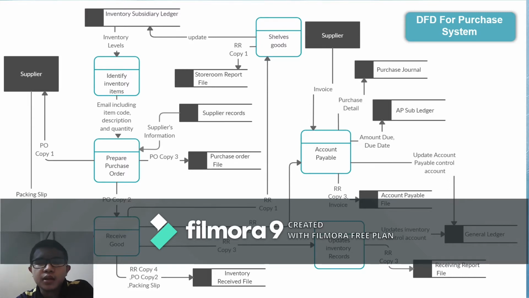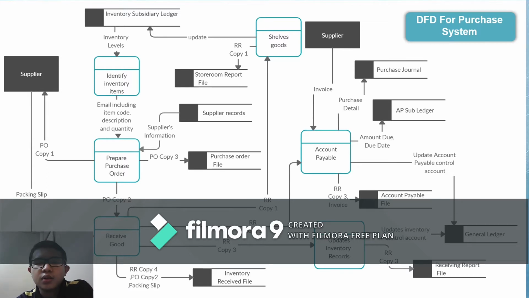The receiving department will send the goods and the RR copy to the storeroom, and then the receiving department also sends a copy of the RR to the inventory control department to update the inventory record in the inventory control account in the general ledger.